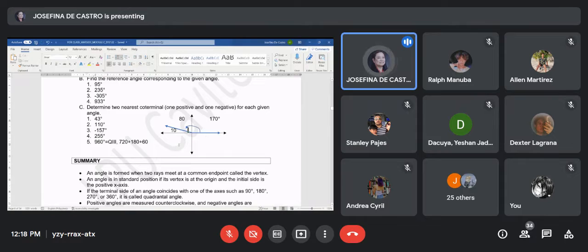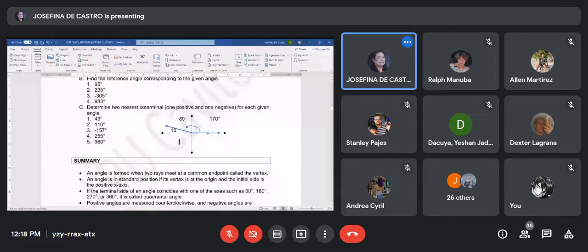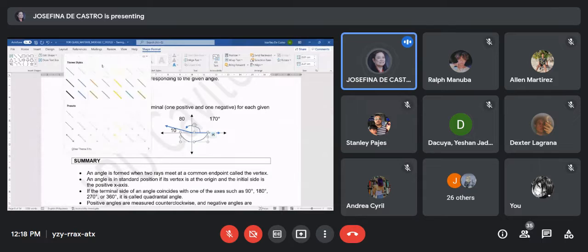Okay, so if you give now the nearest negative coterminal niya, magiging ilan na? 180, straight angle yan, papaganon ka, 180 plus 10. Yan ang nearest negative mo.